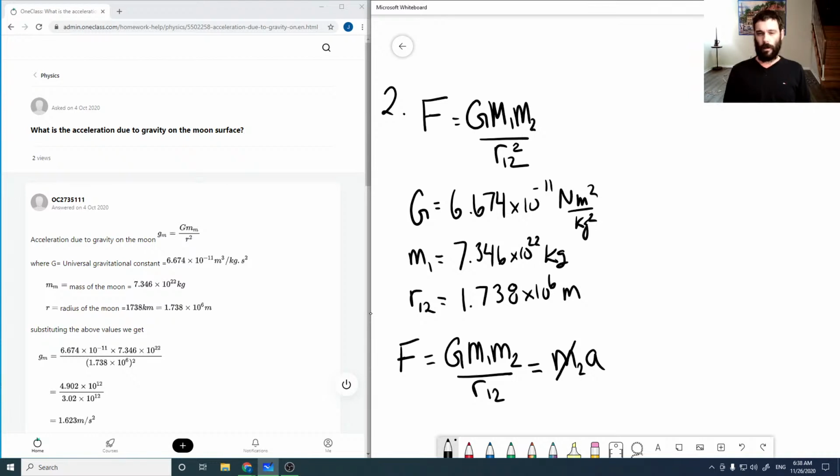So you see here that m2 cancels on both sides of the equation. So then that means that A is our acceleration, which in this case is our gravitational acceleration. So A is just equal to G m1 over, and I keep dropping that squared, over r12 squared. Okay, now filling in our values.